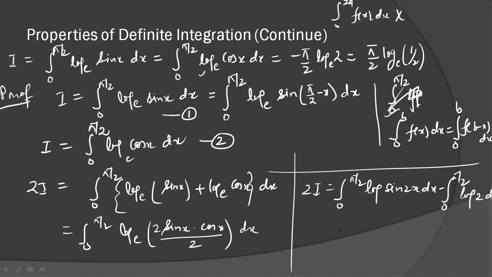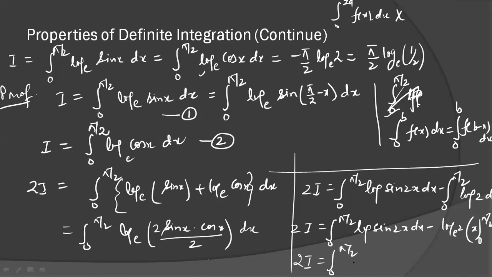So 2I is equal to the integration from 0 to pi by 2 of log sin 2x dx minus log 2, which you can take outside, and the integration of dx from 0 to pi by 2 is x. So 2I is equal to the integration from 0 to pi by 2 of log sin 2x dx minus pi by 2 log 2. Now we have to tackle the first term only.